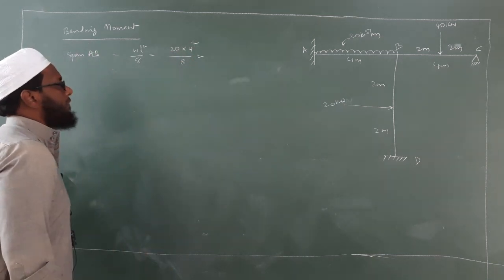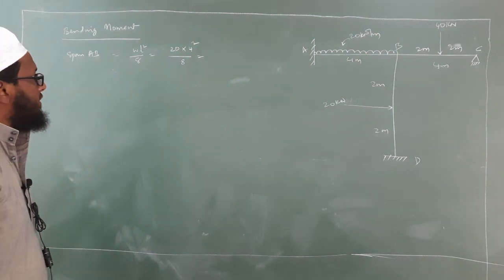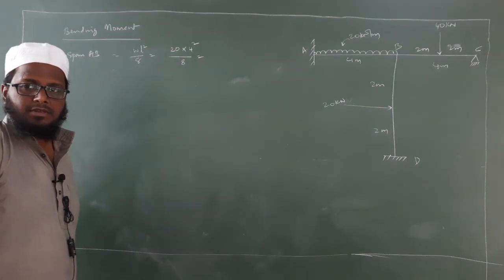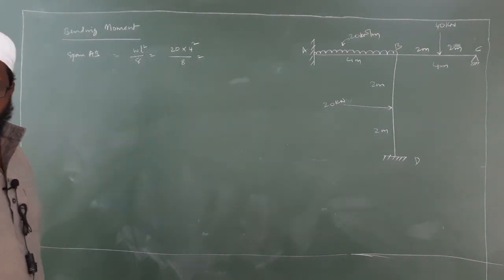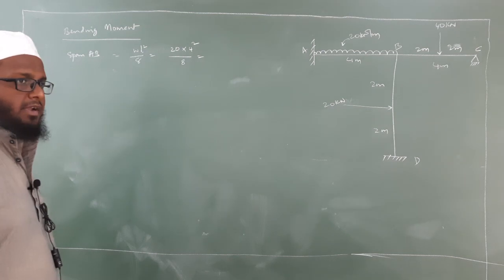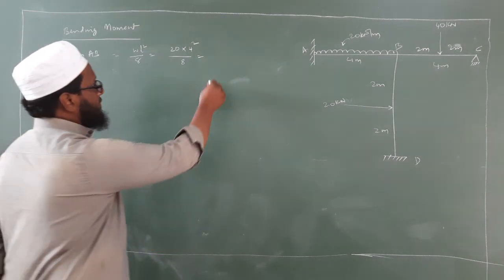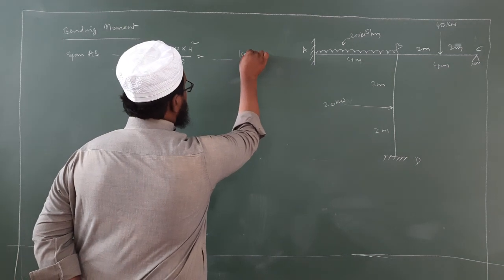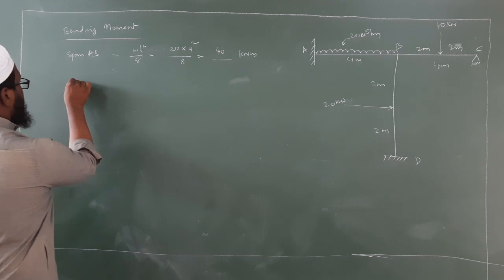How much? 4 4s are 16. 16 2s are 320. Calculate it. 320 by 8, 40. 40 kilonewton meter.